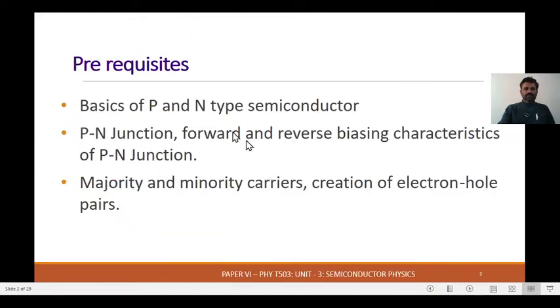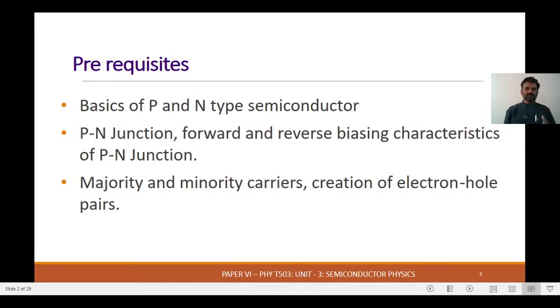Here are the prerequisites. A student should understand the basics of semiconductors. There are two types of semiconductors, intrinsic and extrinsic. Extrinsic semiconductors are again classified as p-type and n-type semiconductors.